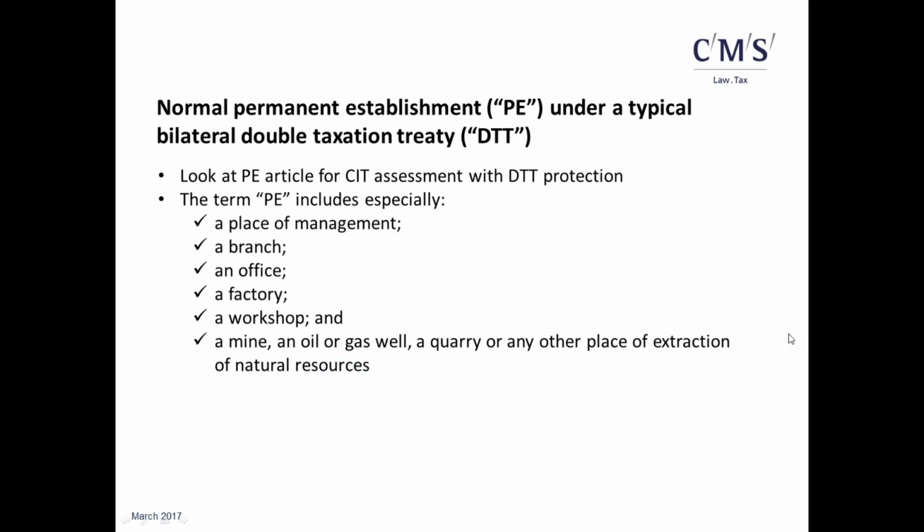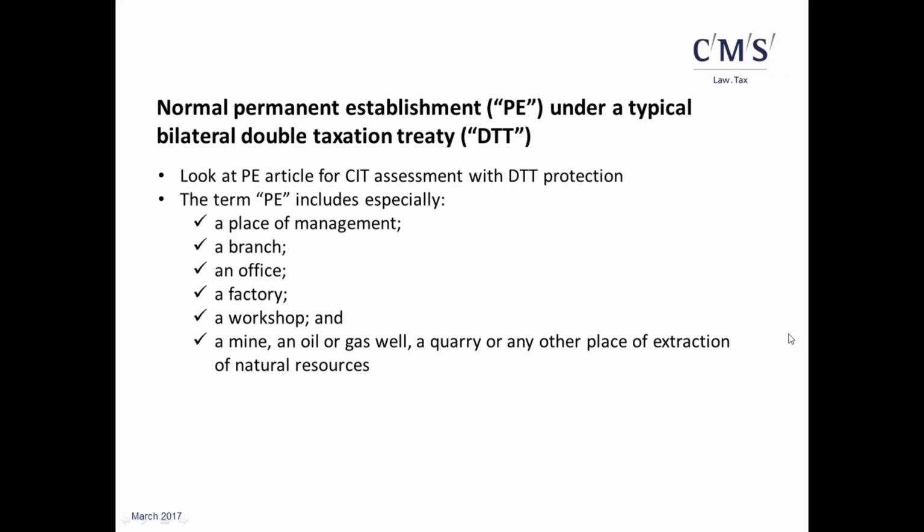If the foreign enterprise is located in a country which has signed a bilateral double taxation treaty with China, it should look at the definition of the permanent establishment. It means that unless it constitutes a permanent establishment in China, it does not need to pay CIT in China, even if it constituted an EPB in China according to the domestic PRC CIT law.